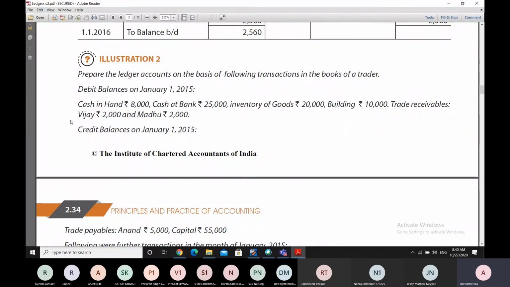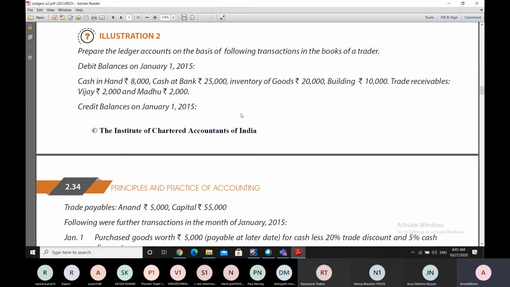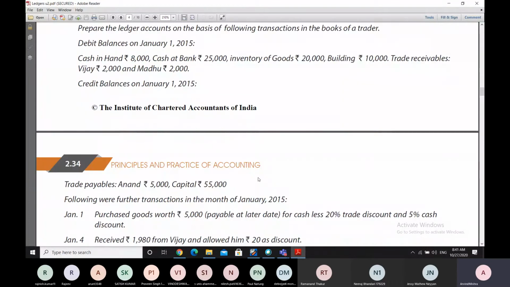Among the trade receivables, there are Vijay 2,000 and Madhu 2,000. So these are all the debit balances, and then we are also given some credit balances, which are the trade payables of 105,000, and there is a credit balance in the capital account also of 55,000 rupees.